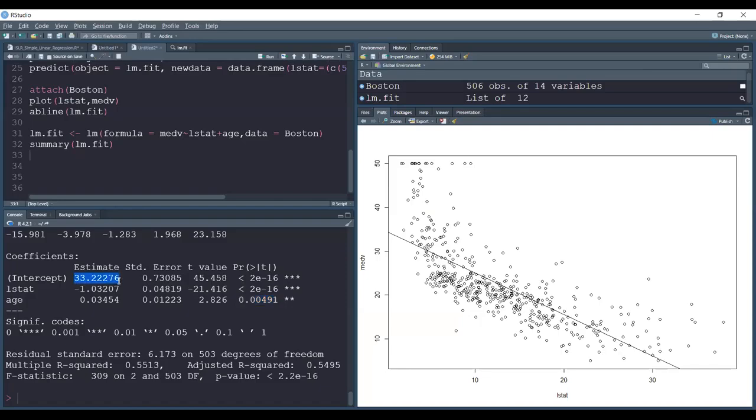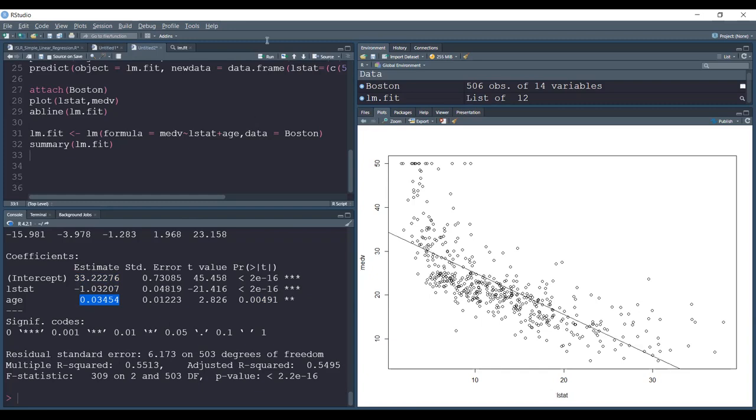These are our estimated parameters. LStat is still around -1. This is 33. And age is 0.034.